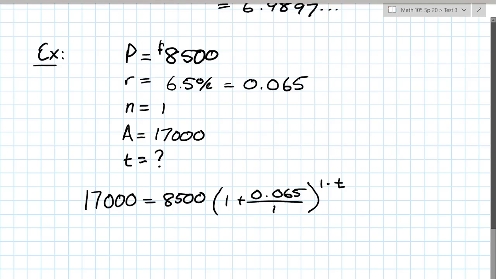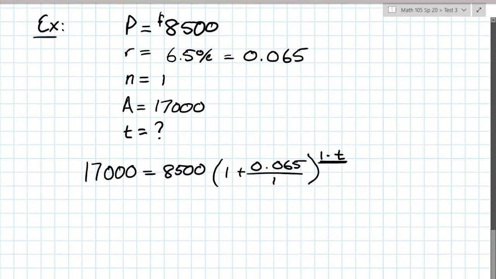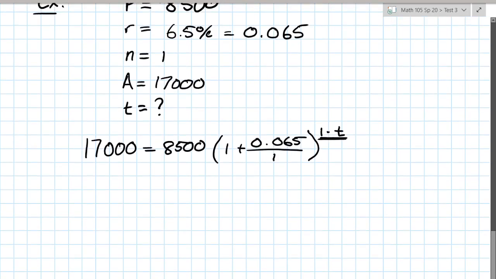In this problem, the thing we're looking for is in the exponent, and we need to use the log property to be able to bring it out of the exponent. Before we can do that, I really want just the thing with the exponent on its side by itself. So we'll do a little bit of algebra here first before we can use the log.